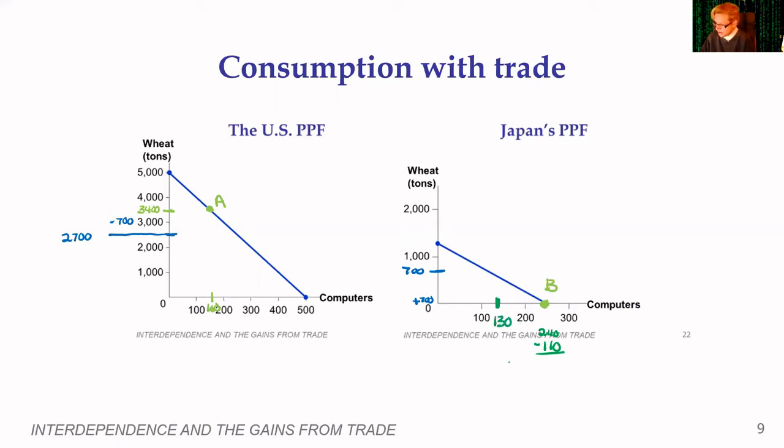So those 110 computers are being exported from Japan, imported to the US. Right now, the US has 160 computers. So I'm going to add 110 to that. Okay, and that gives me 270, right? So if 250 is right about there, 270 should be right about there.